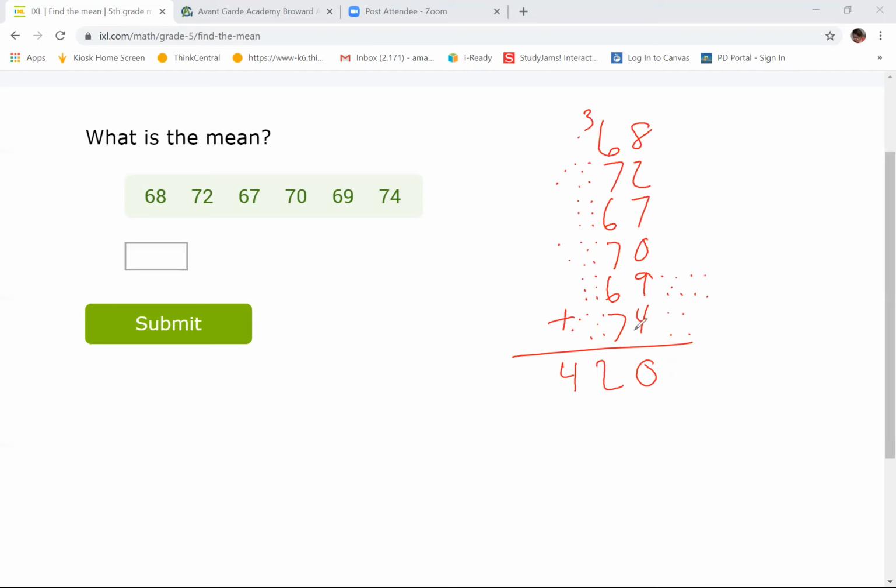Did you get 420? And now we're going to divide by 6.